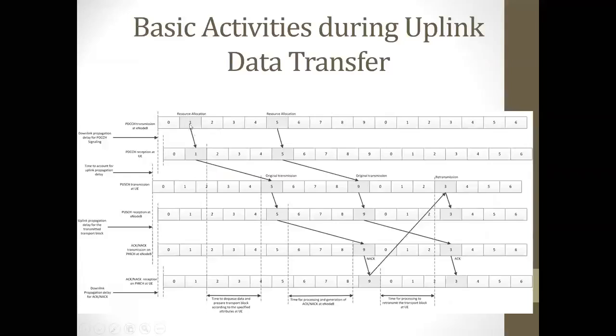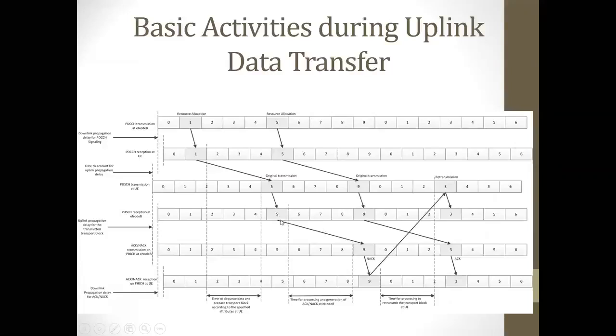So like you allocate PDCCH here, and the UE reads the PDCCH here, but the transmission from the UE occurs after 4 subframes, in the case of uplink. Here you transmit. The eNode B receives here. Then if the eNode B finds that it cannot decode, it needs to send NACK.